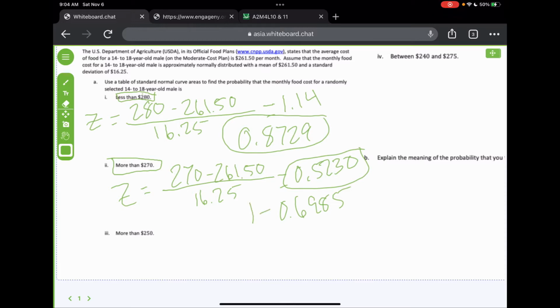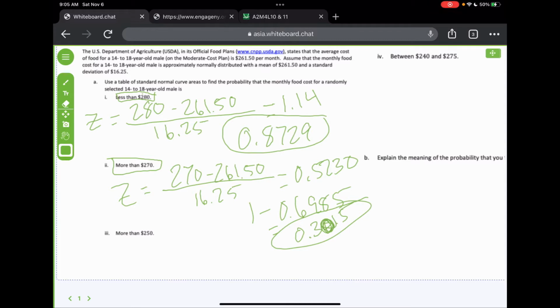That's kind of like flipping it on us. So when we flip that, that gives us 0.3015. Okay. So we don't want to circle that because that's not the probability. The probability is 0.3015.